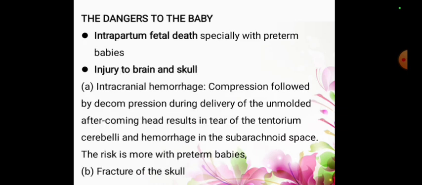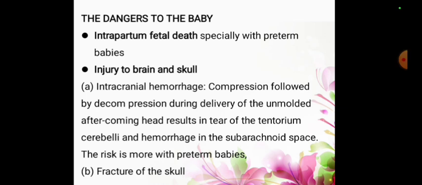The dangers to the baby: intrapartum fetal death, especially if preterm; injury to the brain and skull, including intracranial hemorrhage by compression and decompression of the unmolded after coming head. In vaginal delivery of cephalic presentation, there is molding that decreases the head circumference to pass through the birth canal.